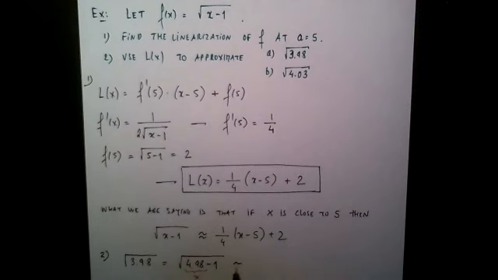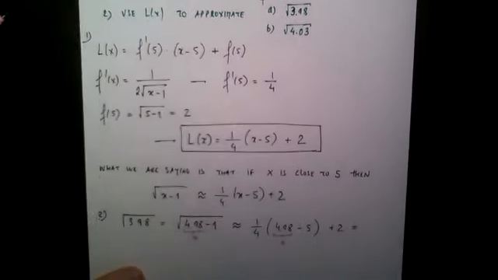So this is approximately equal to what? Well, I'm just going to use this now: 1/4 times the x, which is 4.98 minus 5, plus 2. And now I could calculate this. Are you with me?